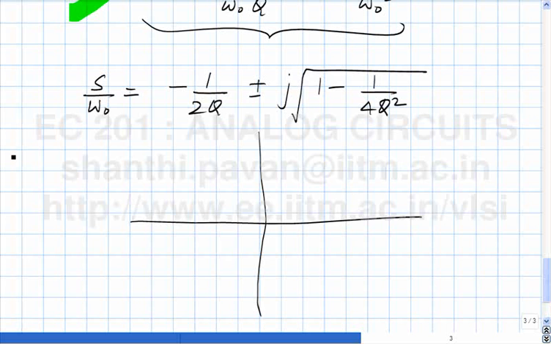If Q is very small, both the roots are real and are on the negative real axis. Small Q, two real poles. When do the poles start to become complex conjugate?